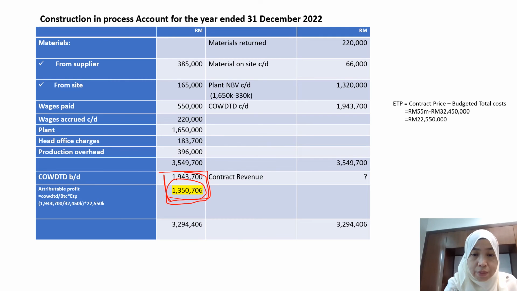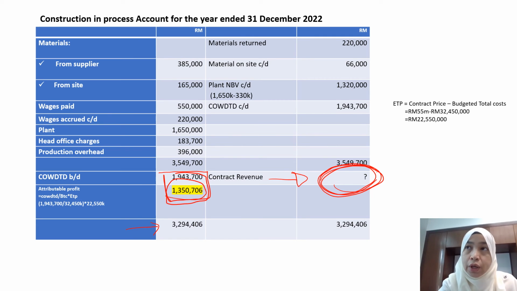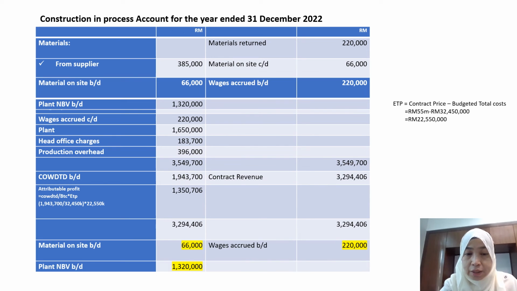And then you total up these 2 figures. This will be your contract revenue, which you can record into your income statement. Then the last stage, this is your third stage.